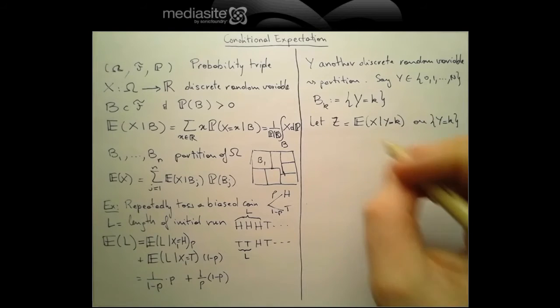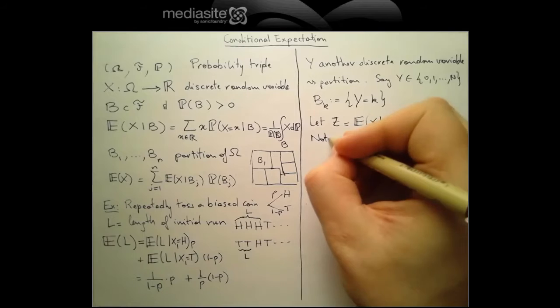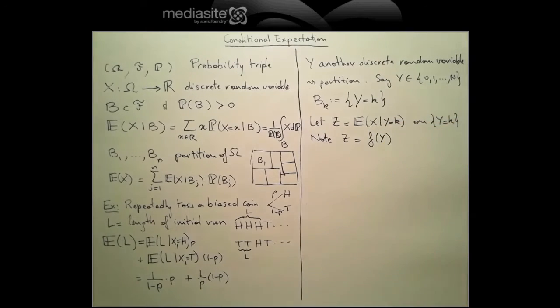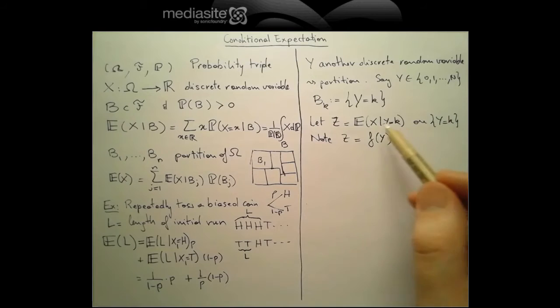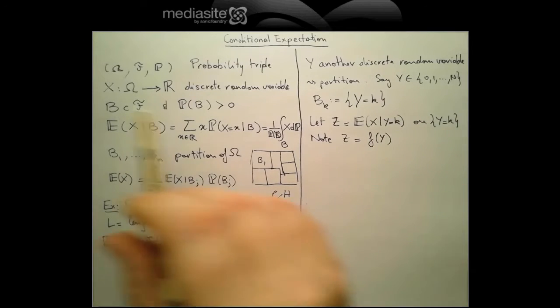So this random variable Z is actually a function of Y. It's completely dependent on Y. But it's actually, in a sense, the best function of Y that more closely approximates X.